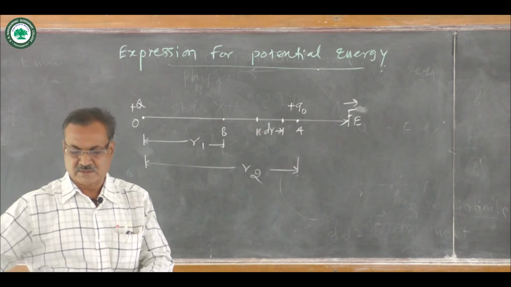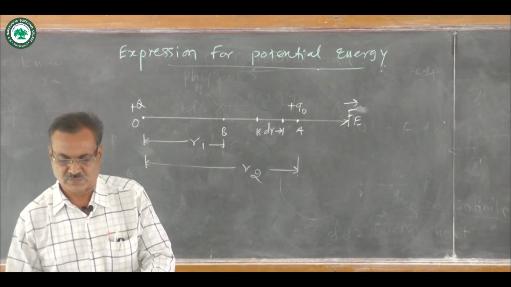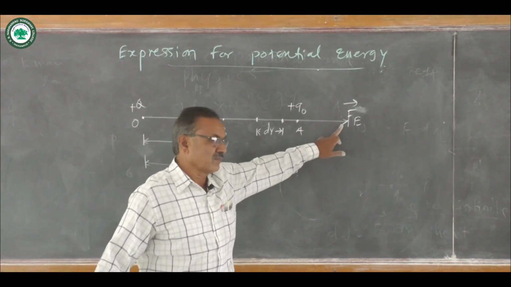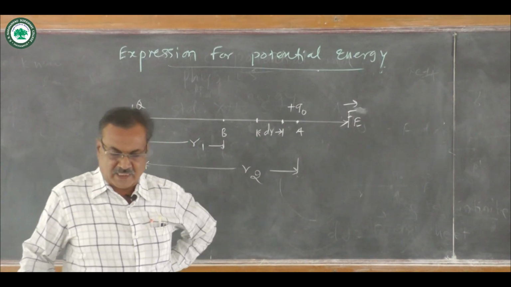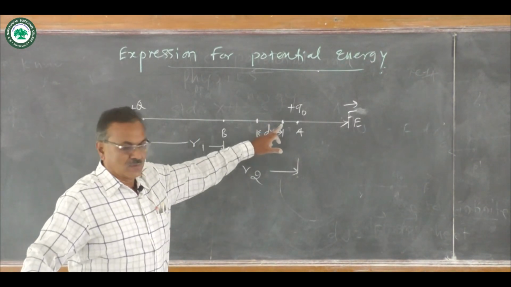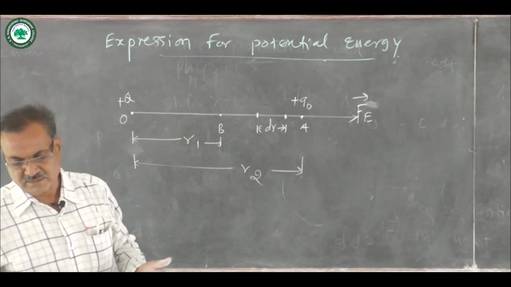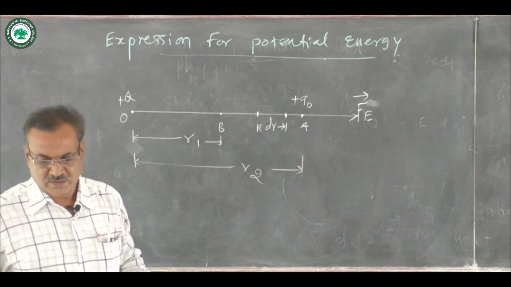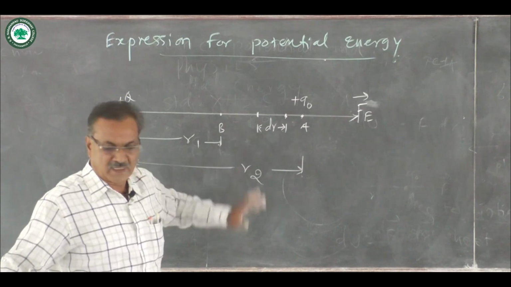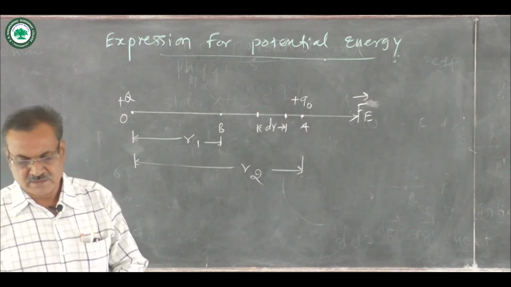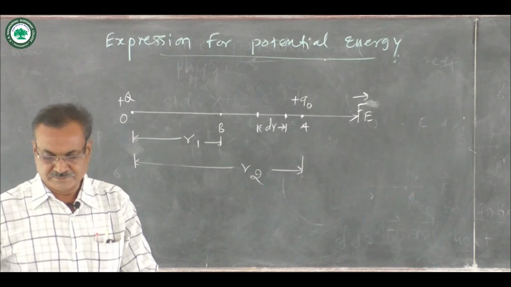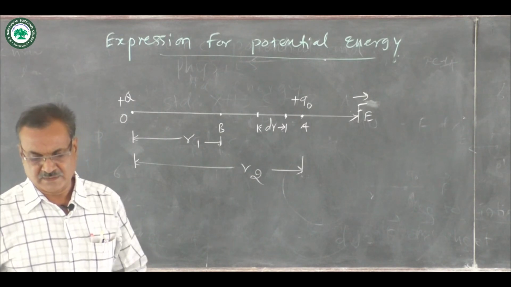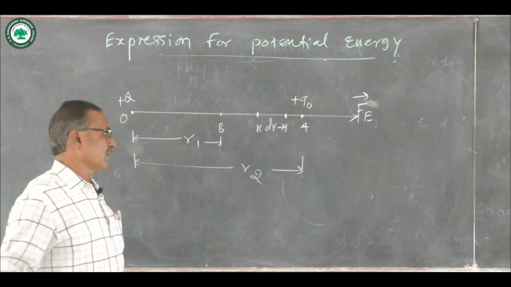The work done against the electrostatic force vector Fe in displacing the charge Q0 through a small distance dr results in an increase in the potential energy of the system.